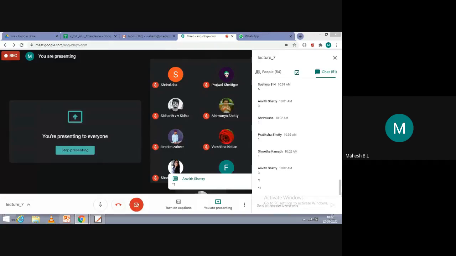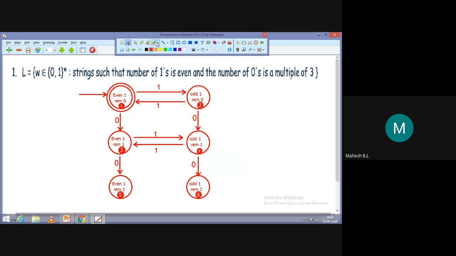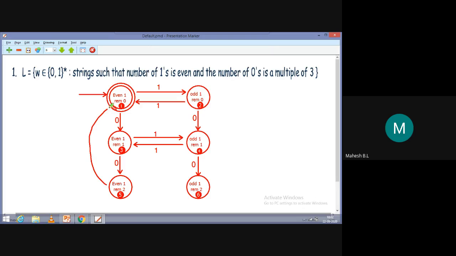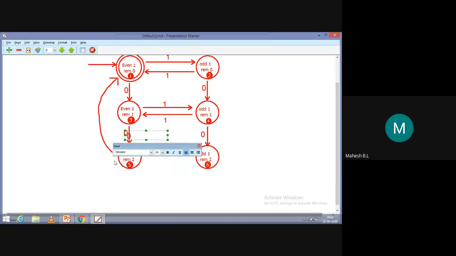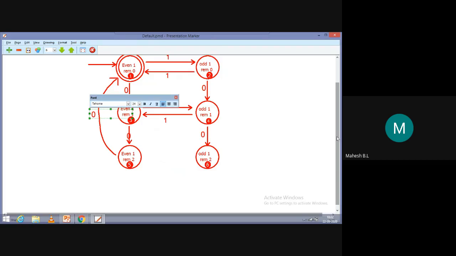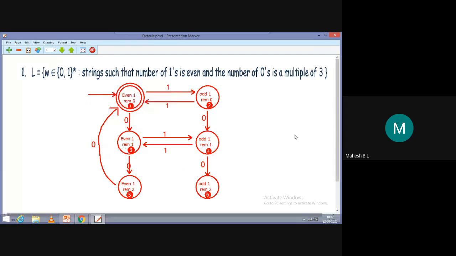So you will be making a transition to state 1. Yes. So on 0, you are making a transition from state 5 to state 1. Okay.